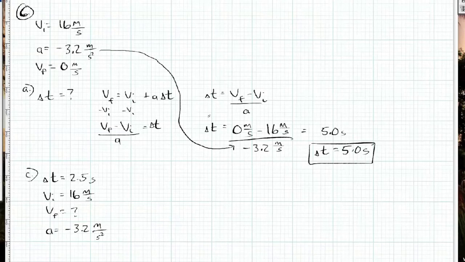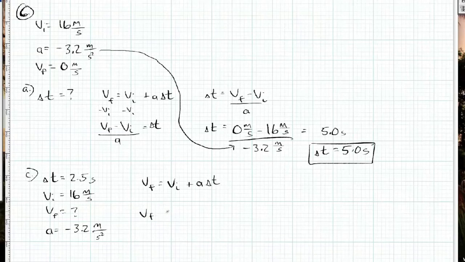We can use the same equation as above. We're just solving for something else now, our VF, our final velocity. We don't need to rearrange this at all. We can simply write equation number 1 as is: VF equals VI, initial velocity, plus acceleration times time.